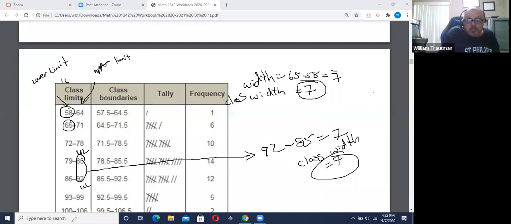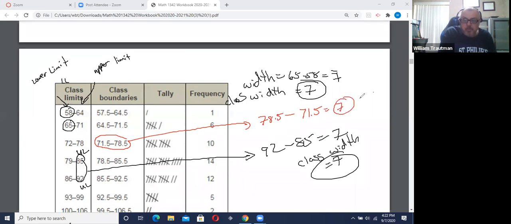You can also, hang on, where's my pen? There it is. I'm going to use a different color. Then it says subtract class boundaries, not successive, just any class boundary here. So those were class limits, but these are class boundaries. Subtract those two: 78.5 minus 71.5. When you put that in your calculator, you get a class width of 7.